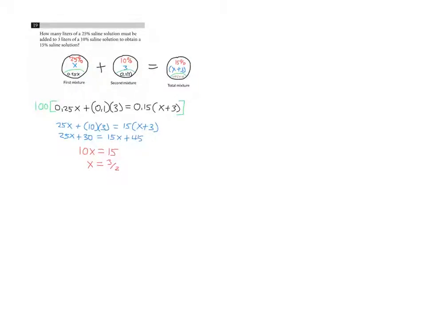Let's be very clear. If you multiply 3 times 4 plus x, we know that you distribute the 3, and that becomes 12 plus 3x.